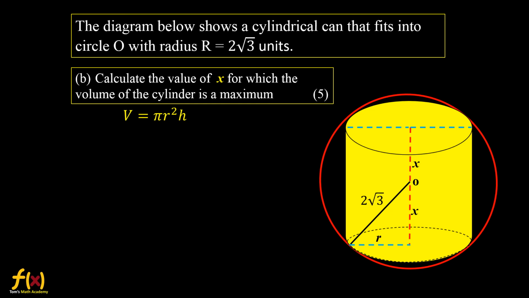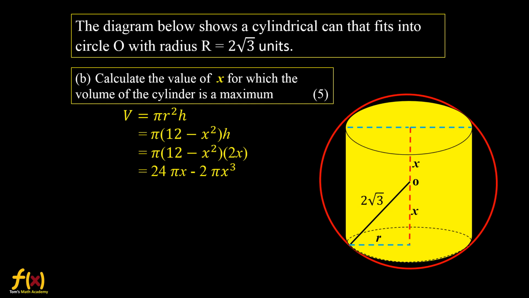We have calculated r², and we substitute it in terms of x. So we get π times (12 minus x²) times h, and h is 2x. Very important here: you can see the height of the cylinder h is x plus x, that is 2x. Again we simplify. So the function is 24πx minus 2πx³.